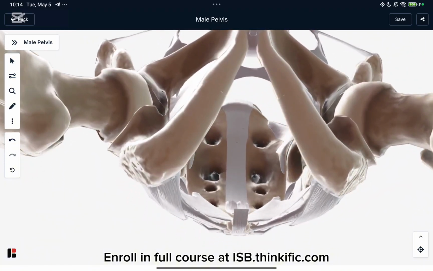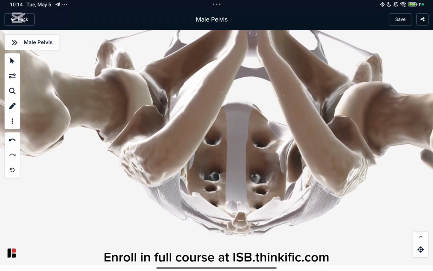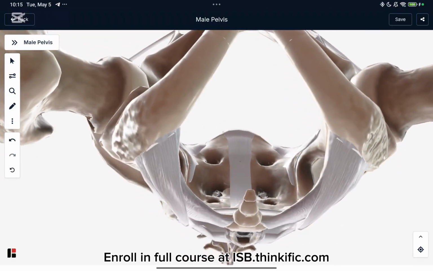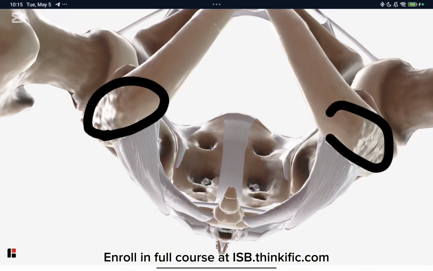And immediately posteriorly, we have the coccyx. On the lateral sides are the ischial tuberosities, huge lumps of bone.